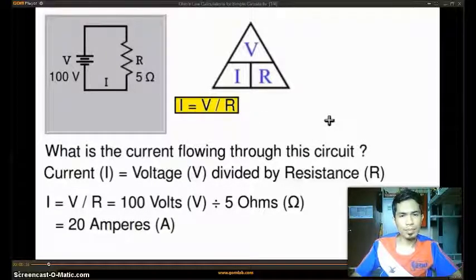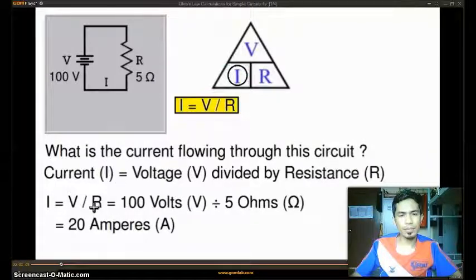Well, to remember Ohm's law, we want to find the current, so we need the formula for current, or intensity of current, I. If we cover up I in the Ohm's law memory aid, V over IR, that gives us V over R, or we'd say I equals V divided by R. Current equals voltage divided by resistance.